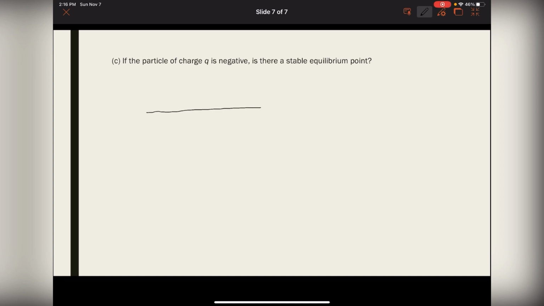Again, in a line we have Q, we have 2Q, and we have a negative Q prime at a certain location that we will find out in part A, after we see if this case is the right case.